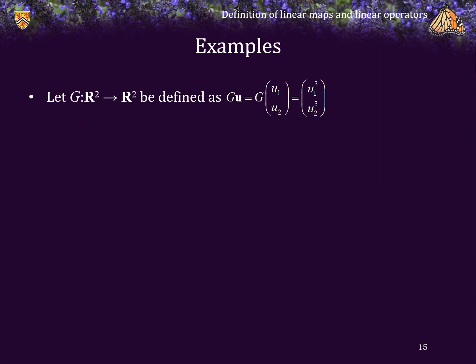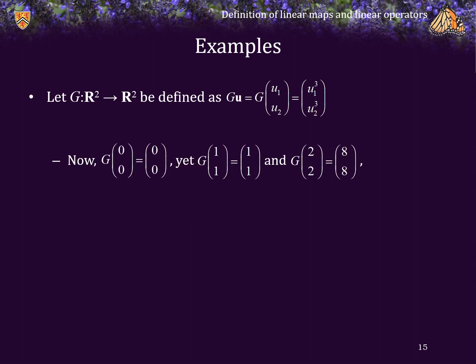Here's one that's slightly different. Let's map R2 onto R2, where G is defined as cubing each of the entries. Once again, we see that 0 is mapped to 0, yet G applied to 1, 1 is just the vector 1, 1, whereas G applied to the vector 2, 2 is the vector 2 cubed, or 8, 8.